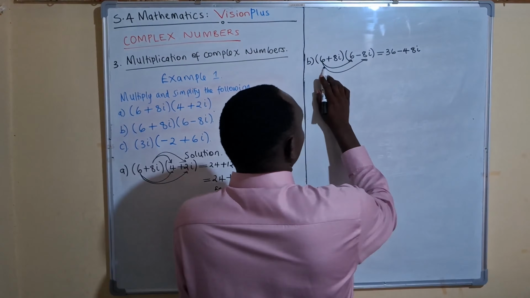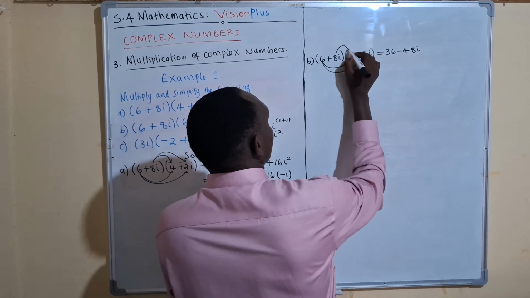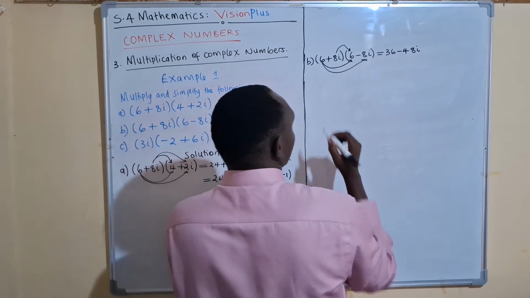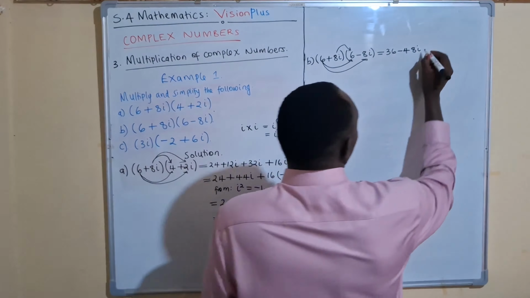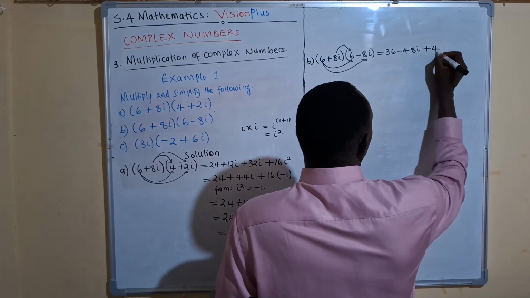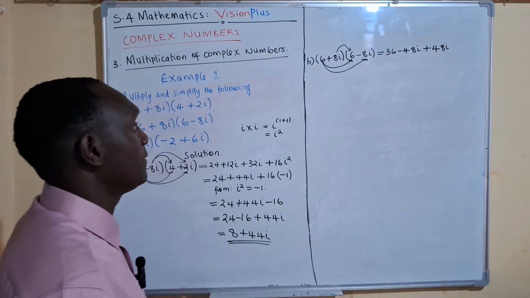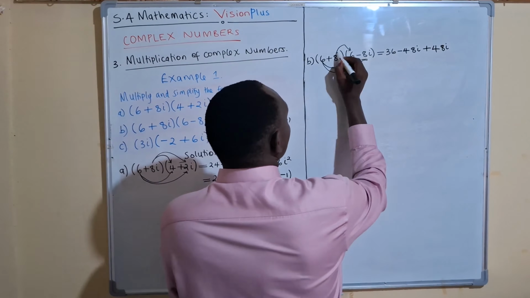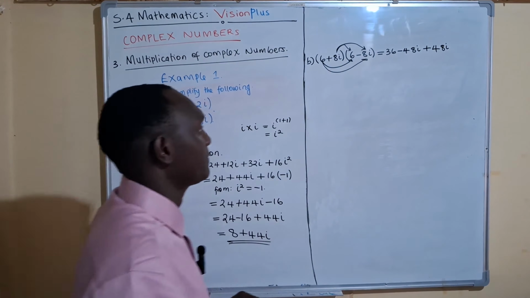Now 6 is done, multiplying every term in the second bracket. Then you come to 8i. 8i times 6, they are both positive. 8i is positive, 6 is positive. That will give us a positive 48i. And again, 8i should multiply the other term, which is negative 8i.